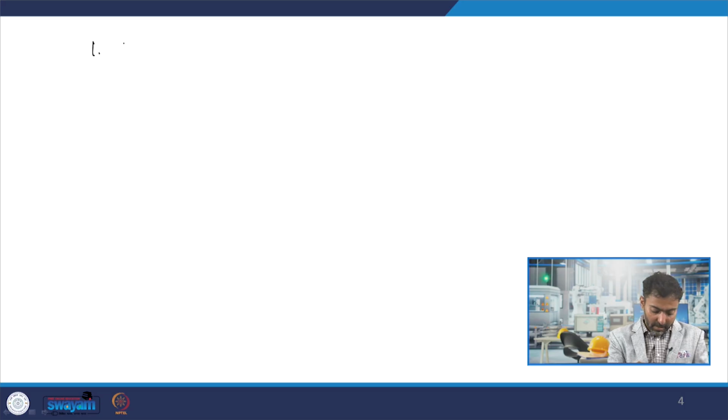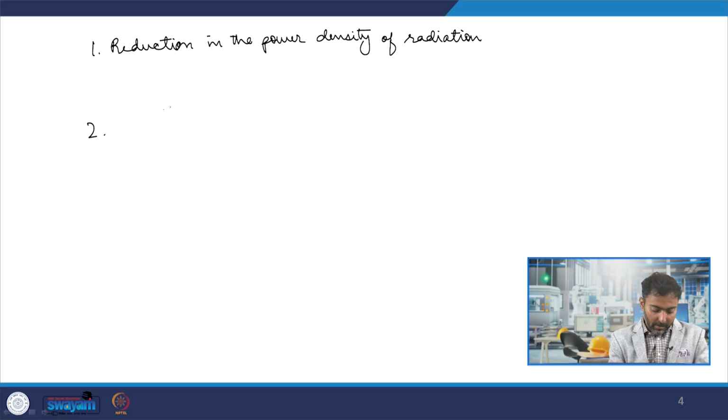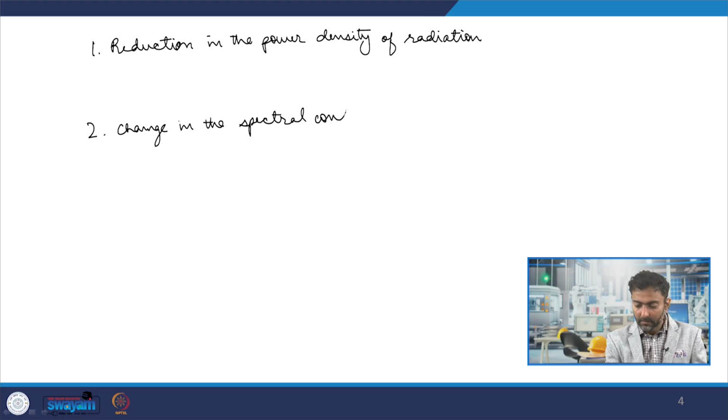One is there is a reduction in the power density of the radiation, and the second one is that there is a change in the spectral content of the solar radiation.